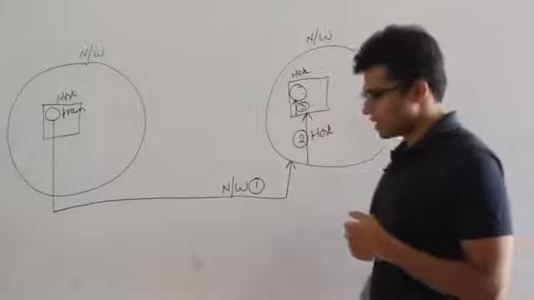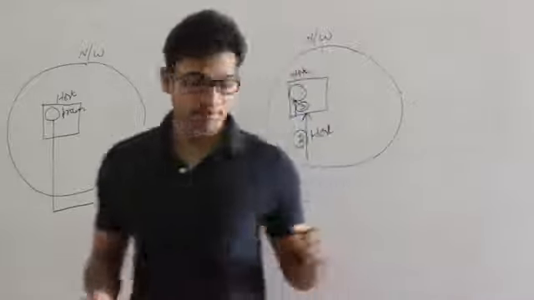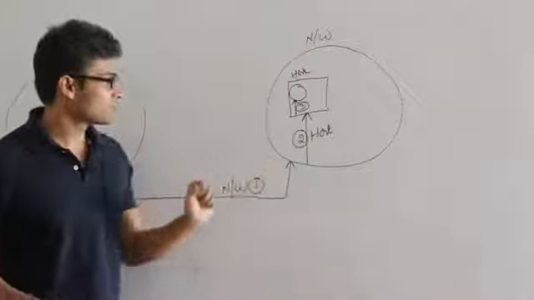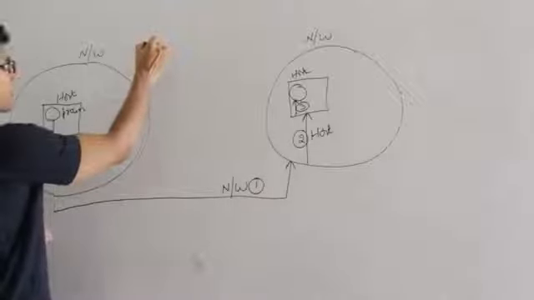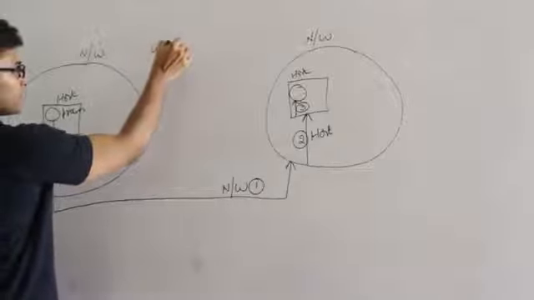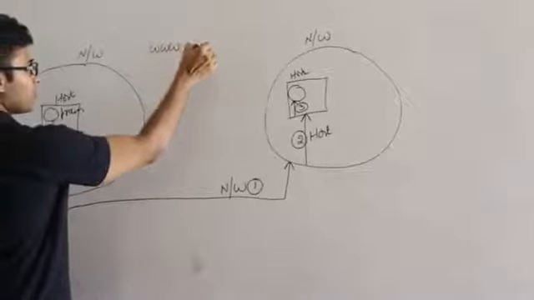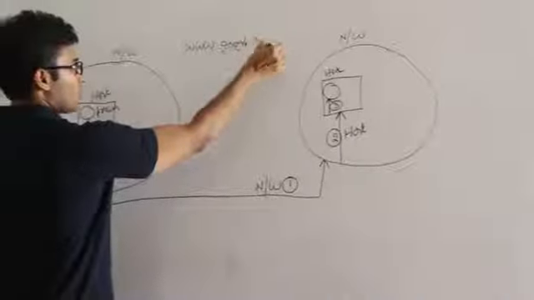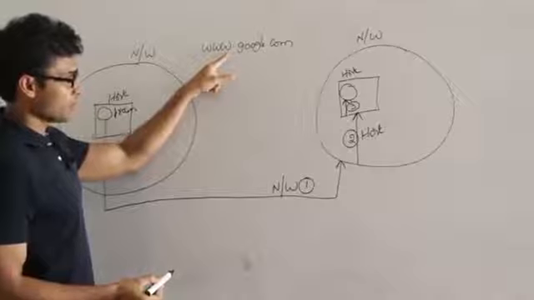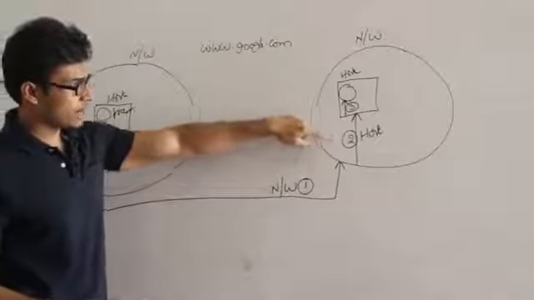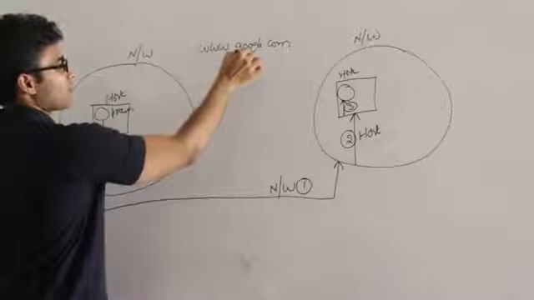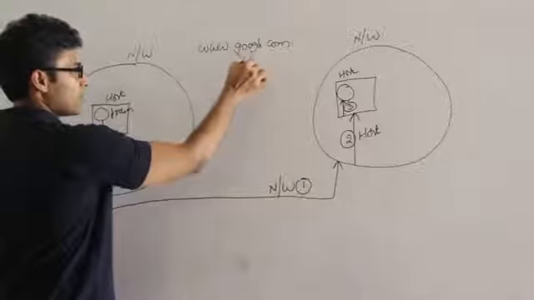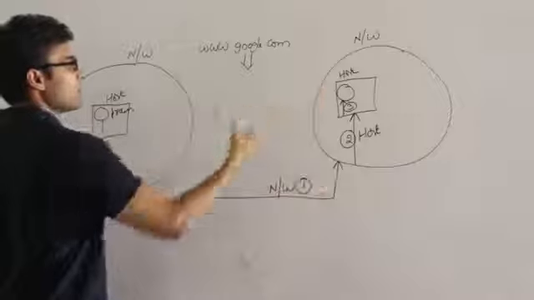So in order to identify the destination network and destination host, you have actually given only www.google.com, the domain name, right? Using this domain name we have to identify the network, then the host, and then the process, right? So somehow we have to convert this domain name into some numbers so that it can be identified.